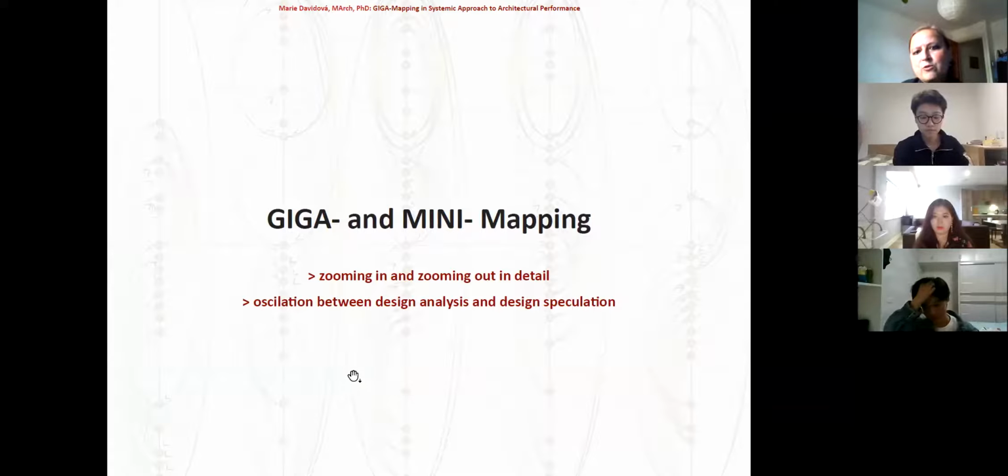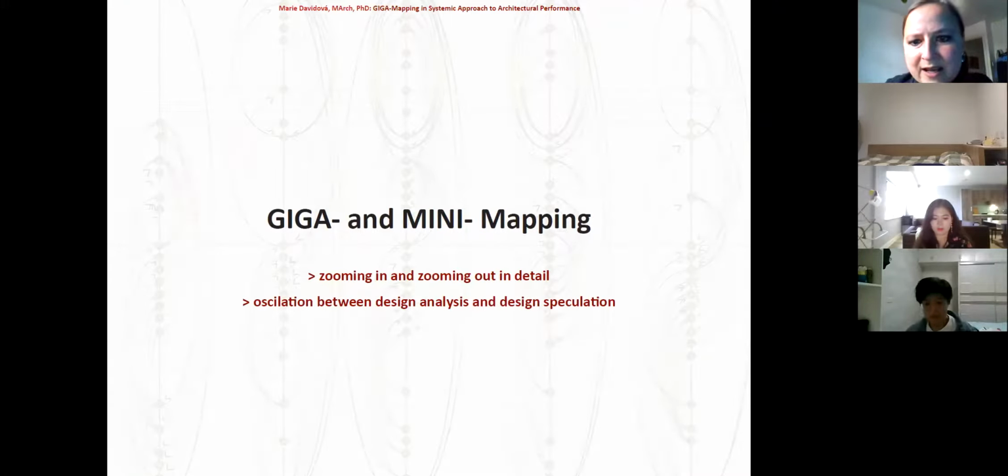So you analyze things, you speculate, you think of what you have in your head, then you do research, analyze that, and then get back to design speculation. And this goes on in feedback loops. And because you will be working in a team, you will actually enrich each other with different interests, different topics, different research, and different speculations.